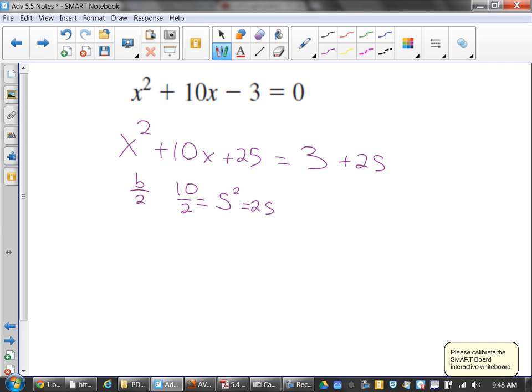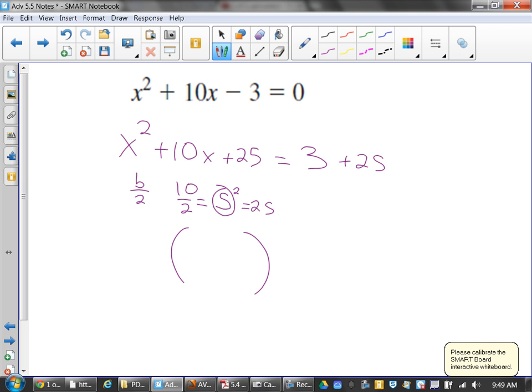Yeah. Now, look at your trinomial on the left. What times what's 25 that adds to get 10? 5 and 5, isn't it? Wasn't that half of b? What's half of b? 5.